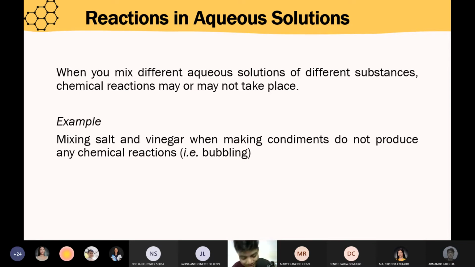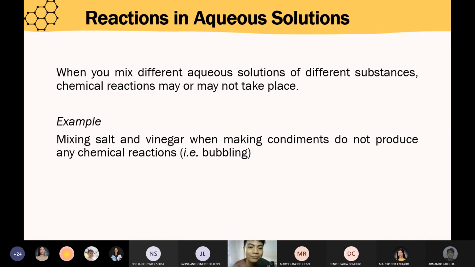However, in chemistry, if you mix specific ions, there are reactions that are happening. Merong mga reaction na nangyayari. When you mix different aqueous solutions, not all of them produce a chemical reaction.